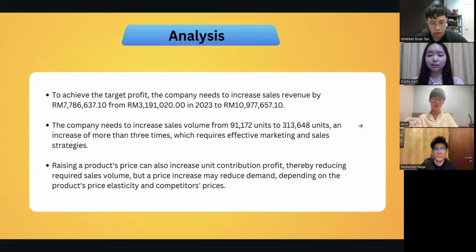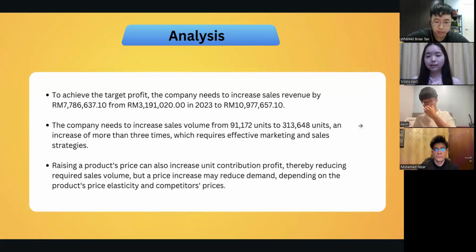So the company needs to increase sales from 91,172 to 330,648 units, requiring effective marketing and sales strategies. This involves strengthening brand promotion, expanding sales channels, and improving product quality and customer service to boost market penetration and customer purchase intention.